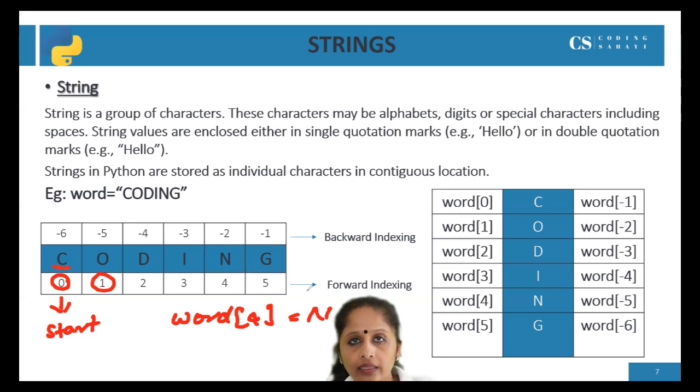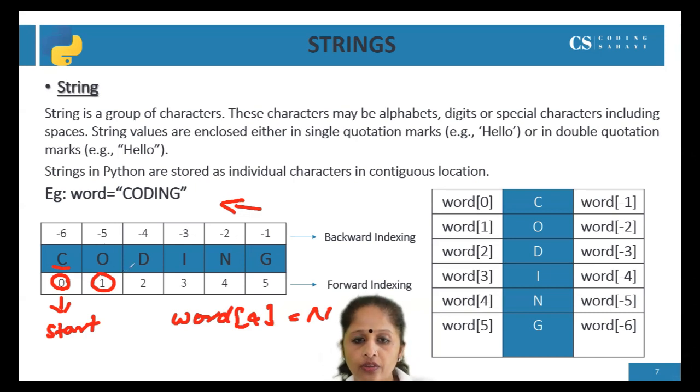Unlike other languages, in Python we have backward indexing also. The last location, which has index 5, also has another index, which is -1. That is negative or backward indexing. Here G has -1, then -2, -3, up to -6, as there are a total of 6 characters.